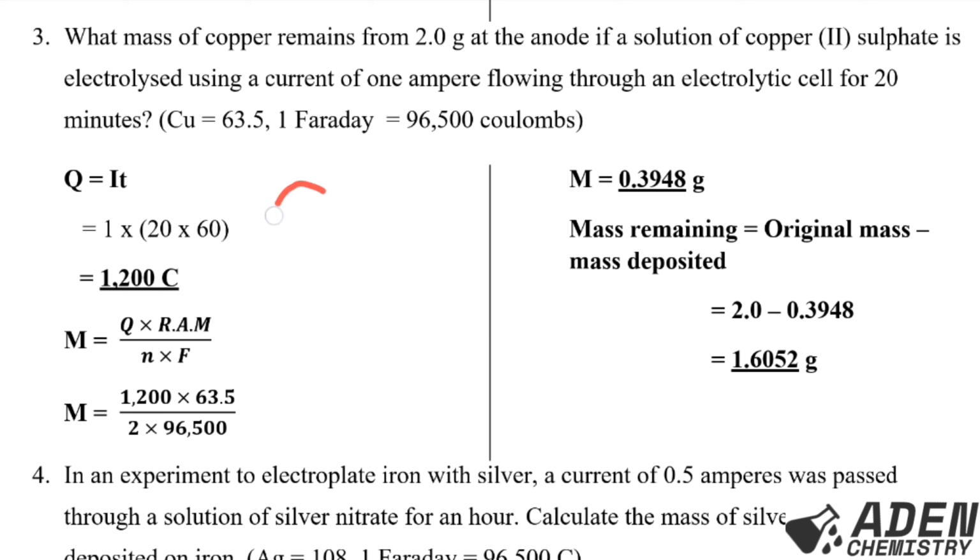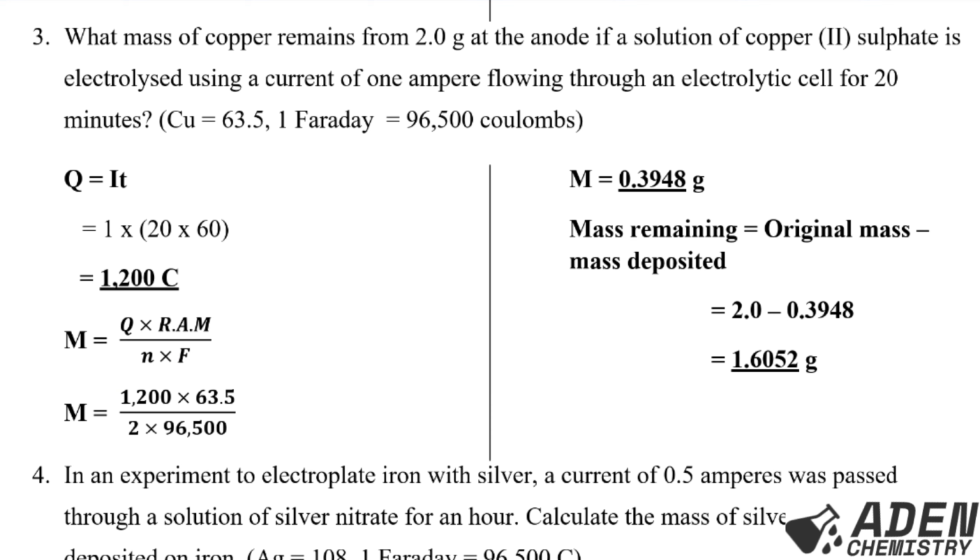So the ion that we are having is copper 2 ion. So this 2 is the number of Faradays. So next, multiplied by F, we said F is Faraday, and 1 Faraday is equal to 96,500 coulombs. When we put all this in the calculator, we are going to get 0.3948 gram.